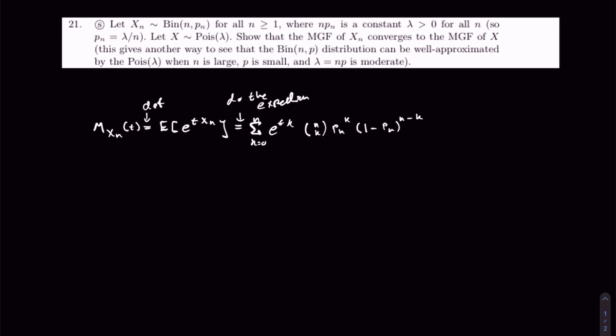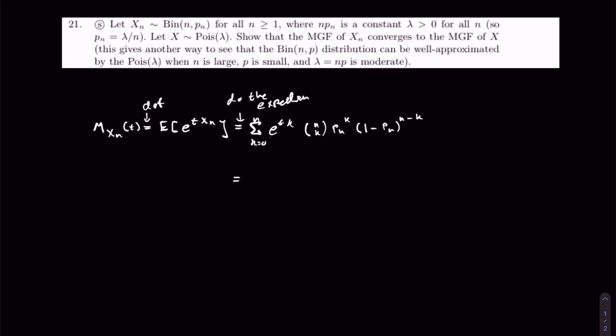This looks a little complicated, but we're just following how to do the expectation of a binomial variable. The difference is obviously this e to the tk; normally we would just have a k here when we're not doing the MGF.